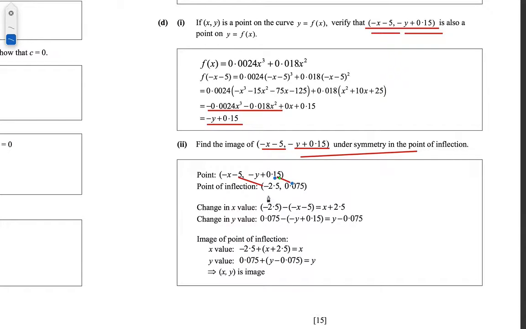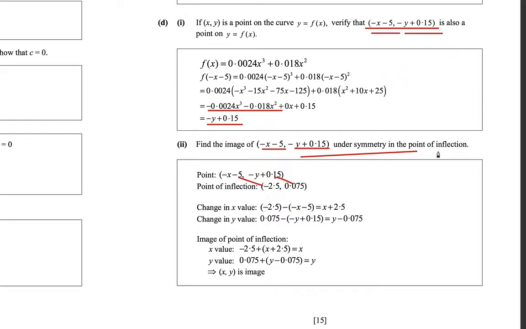So the easiest way to do it is to do this point minus this point. So minus 2.5 minus negative x negative 5. You'll get this value here. It's okay to have it in terms of x. And the same thing for the y. So this is what you add to each of these points to get this point.